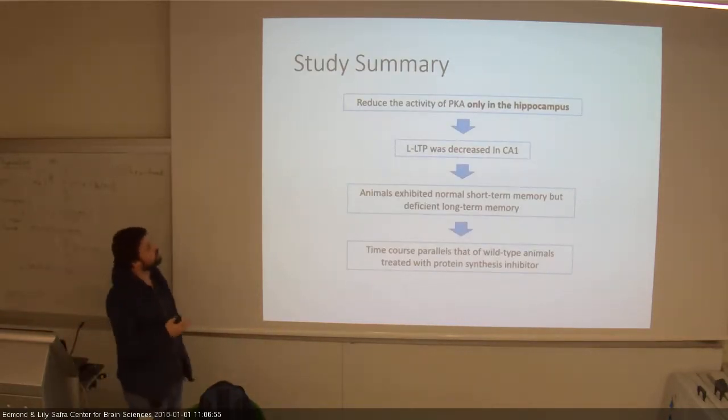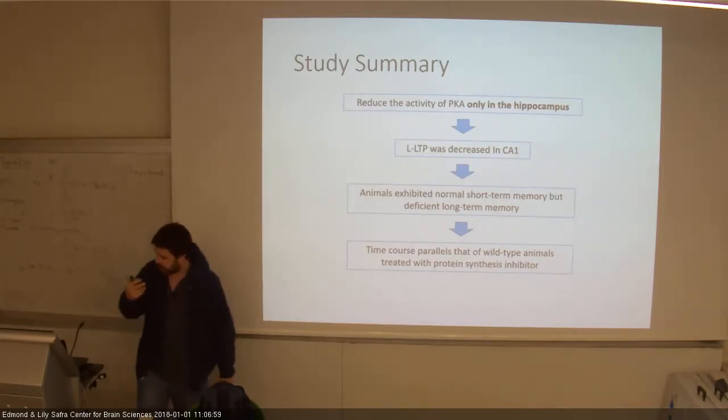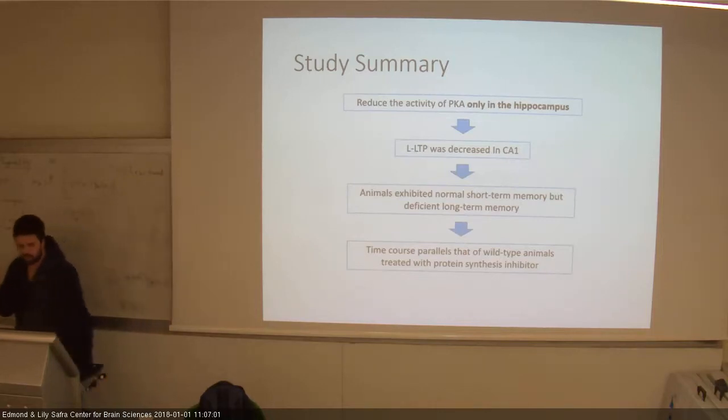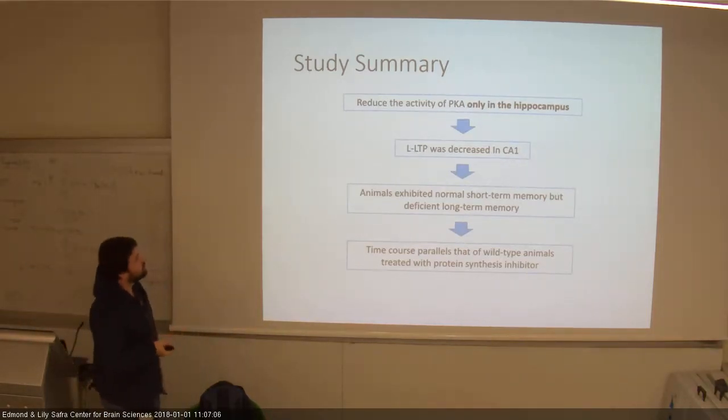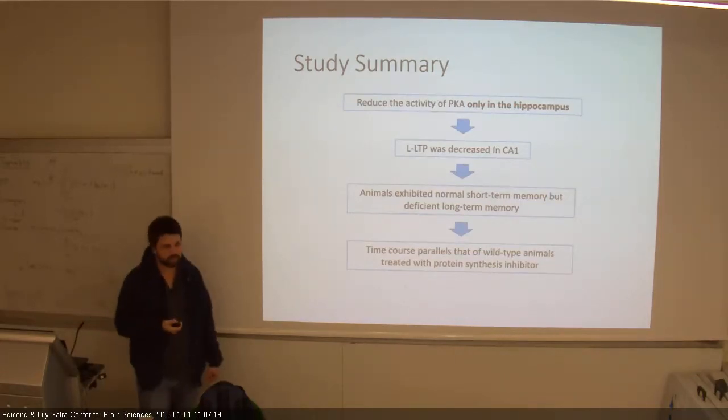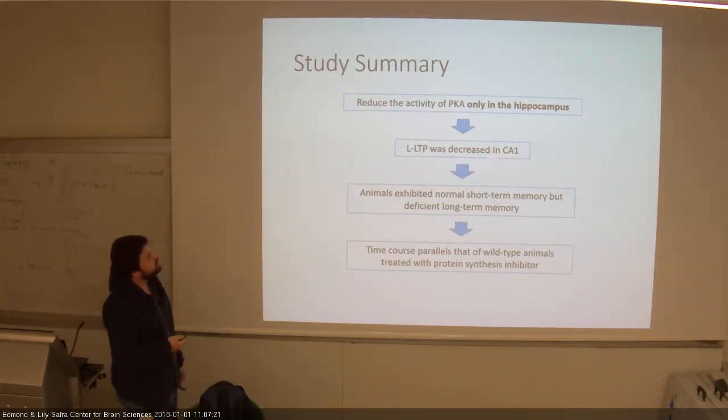After I read a paper, a lot of the time I make a mental flow of how the research has progressed along the paper. This is the study summary that I did for this paper. The manipulation they did is to reduce the activity of PKA only in the hippocampus, or at least they tried to do it only in the hippocampus. Then they saw that L-LTP was decreased in the CA1 region of the hippocampus.